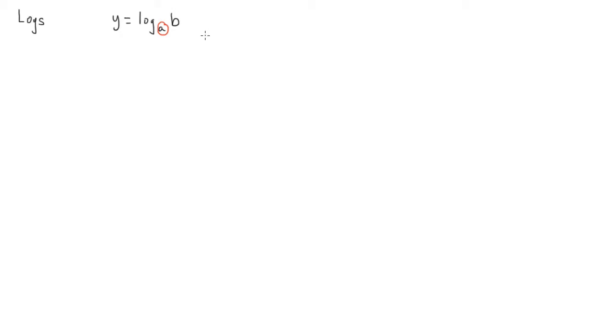So when you do this on a calculator, the only two bases that appear on a calculator are base e for the natural logarithm and also usually base 10 for the common logarithm. So if you wanted to compute, for example, something like log base 5 of 72, then you're not going to be able to do it with a calculator unless we can somehow rewrite this.